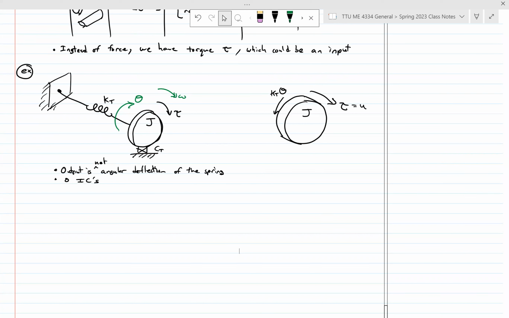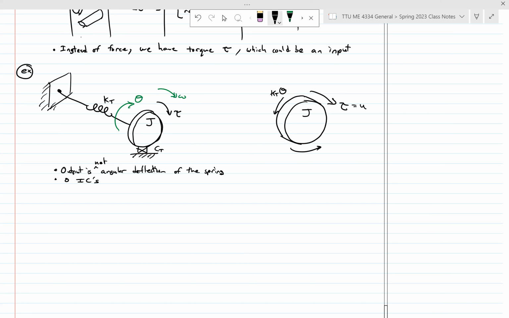What other torques do we have acting on our free body diagram? What direction? Damper. Okay, where's it going? What direction? Clockwise or counterclockwise?